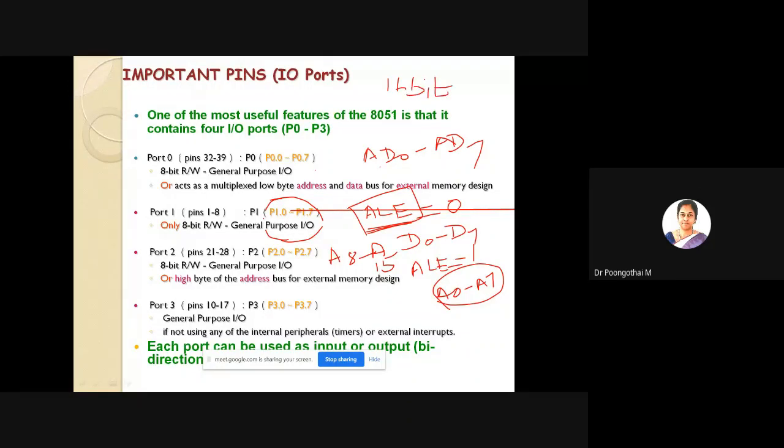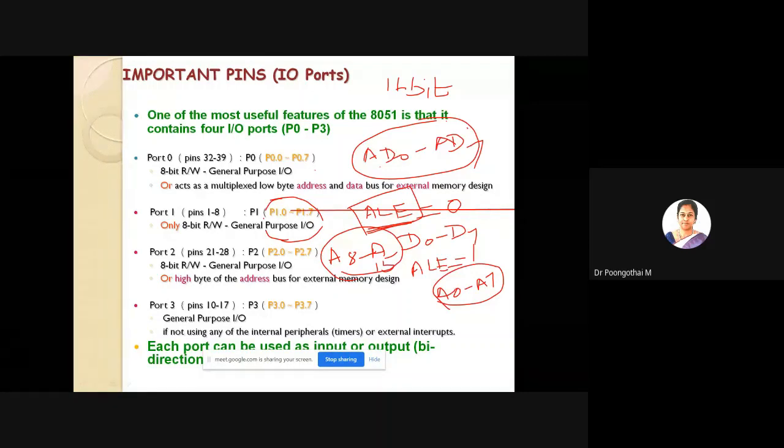So 8 bits will be provided by your P0 and the remaining bits by P2. P0 and P2 combined together generate 16-bit address lines. It will carry 16-bit address information.